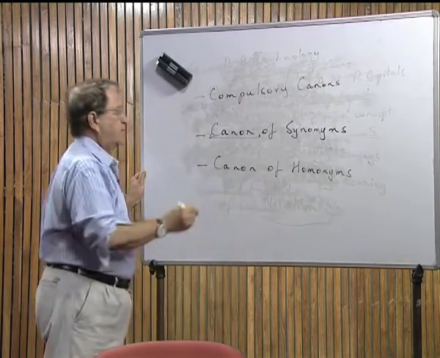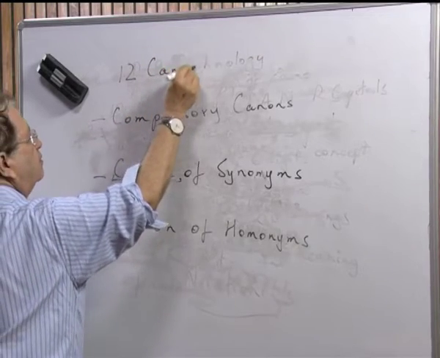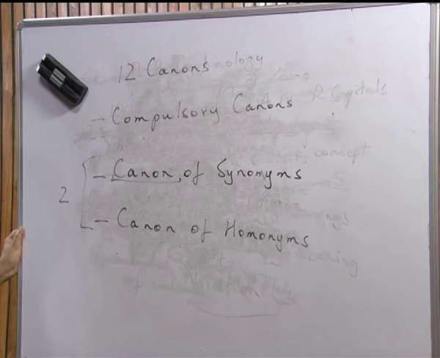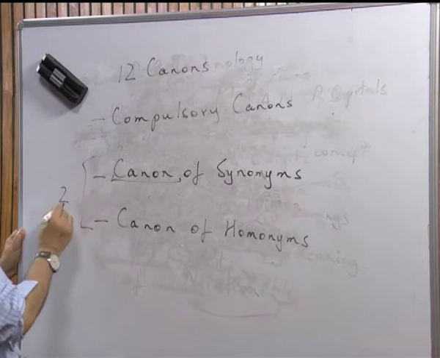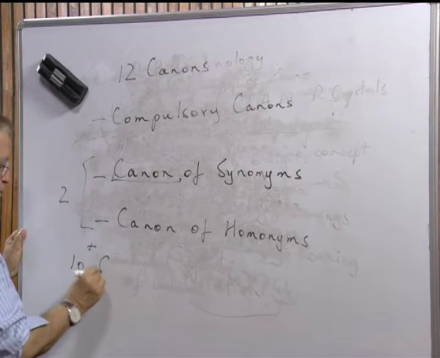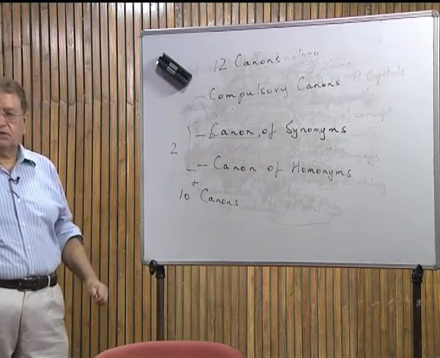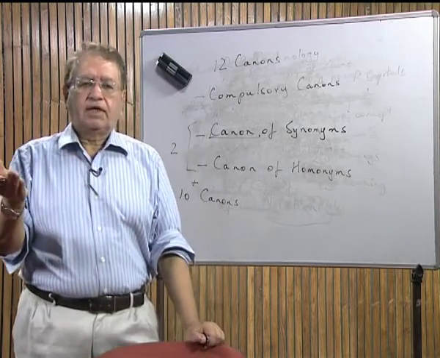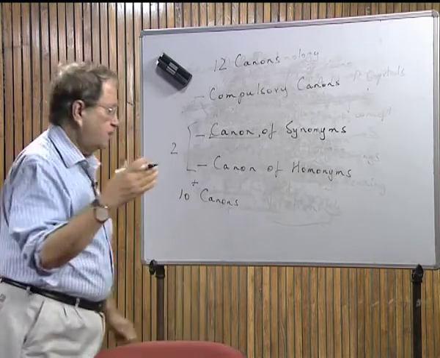For the idea plane, Dr. Ranganathan gave us 12 canons. These two are the compulsory canons, and there are 10 alternate canons. So, we have 2 canons which are compulsory, which have to be followed, plus there are 10 canons which are not compulsory, which give you alternate systems which tell you that you can use this or you can use that, and both of them can be used depending upon the fact that you use them consistently and you do not change them.